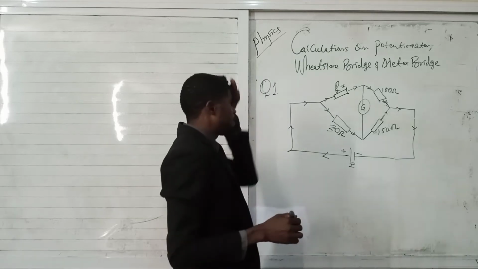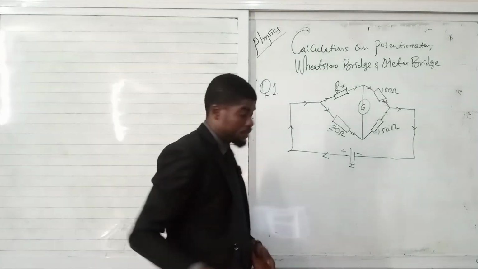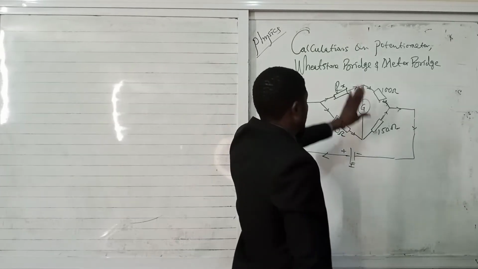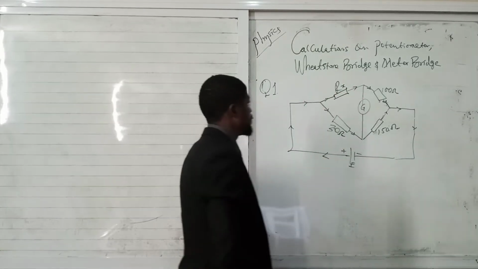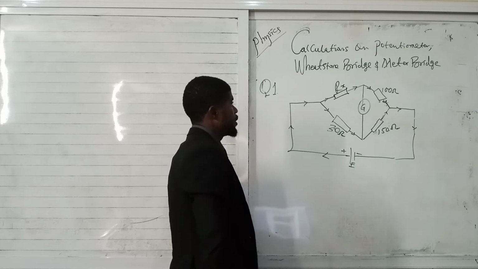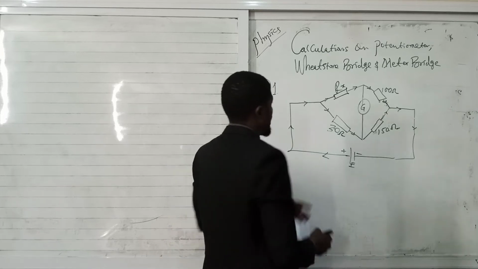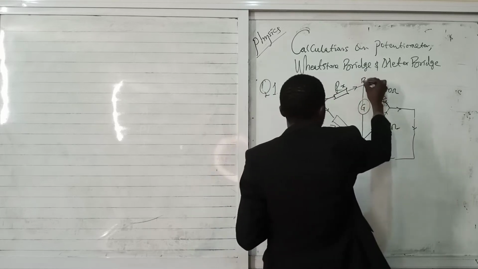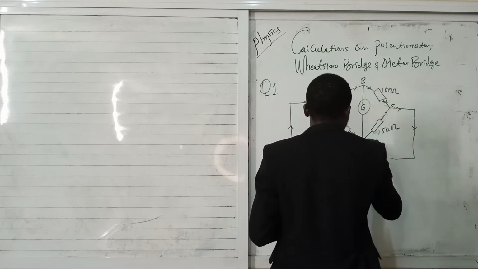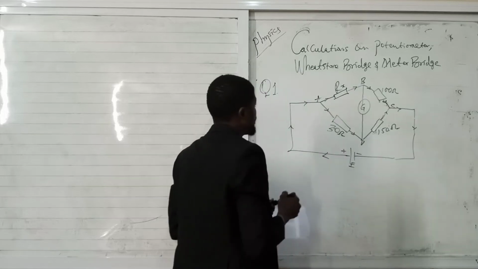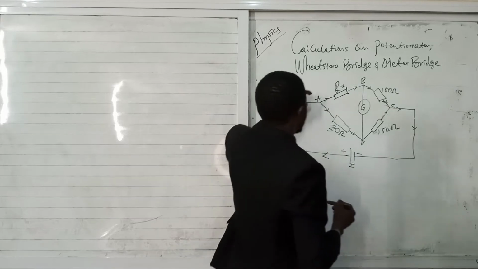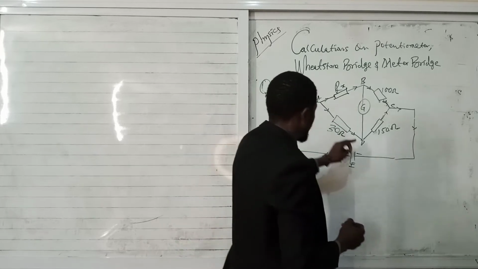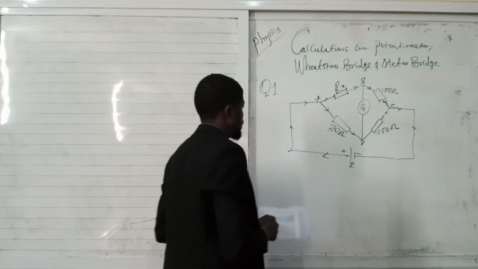If you recall, I said that the galvanometer will show no deflection when the PD across, we can call this A, B, C, D, when the PD across A, B is the same as that across this one. Do you understand?